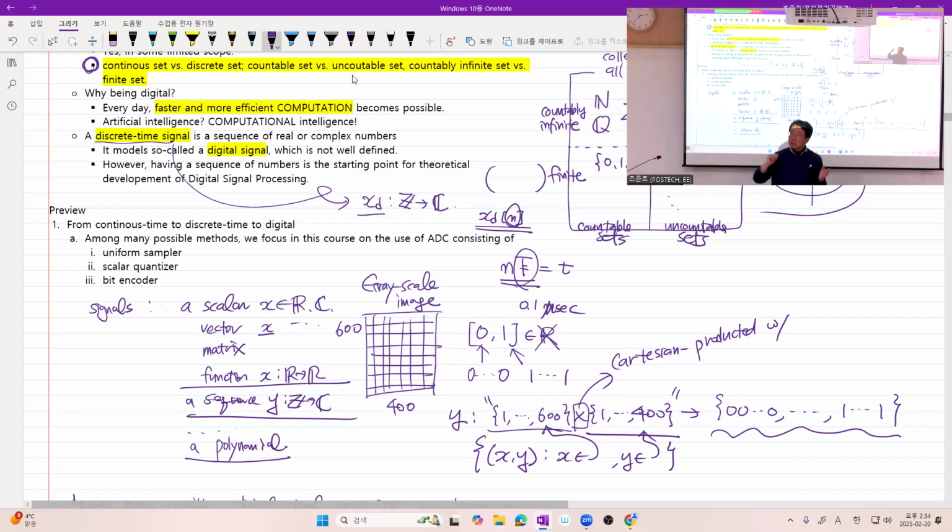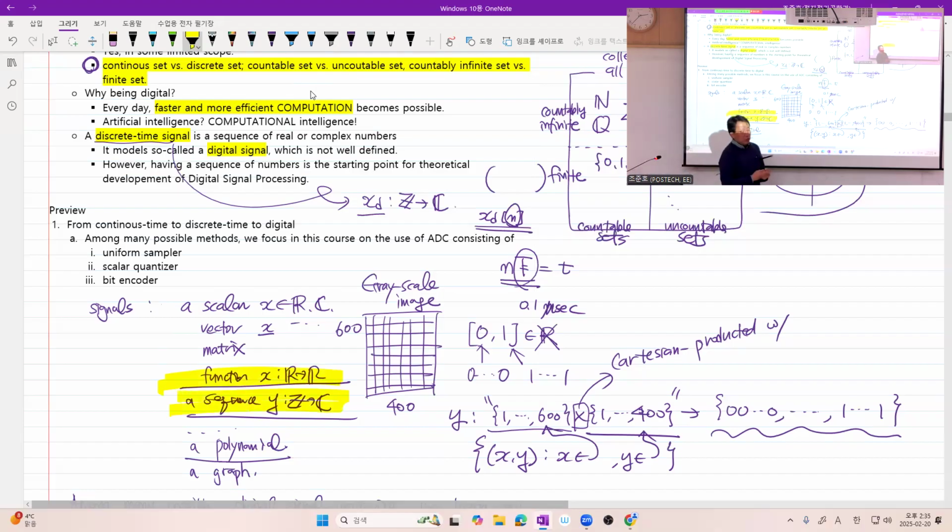With a negative exponent or positive, depending on your time origin. But anyway, and also I told you a graph can be used to model a signal. There are many different possible fields and something like that. Among all, we are just interested in this one and that one in this course.